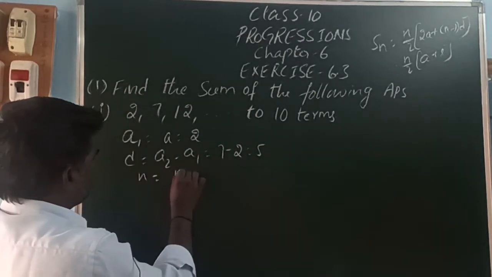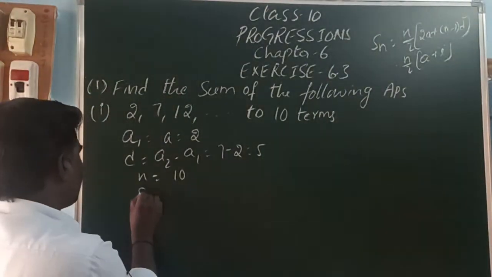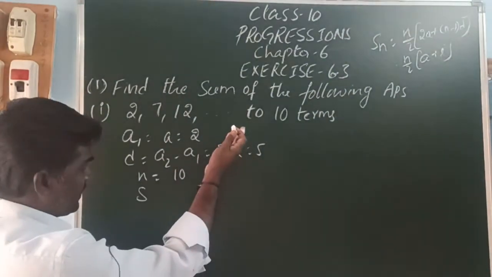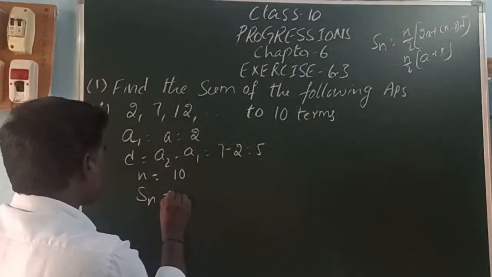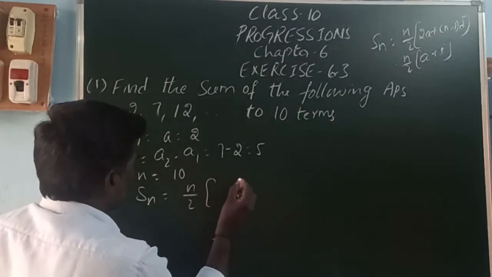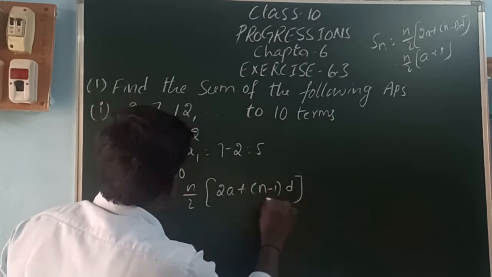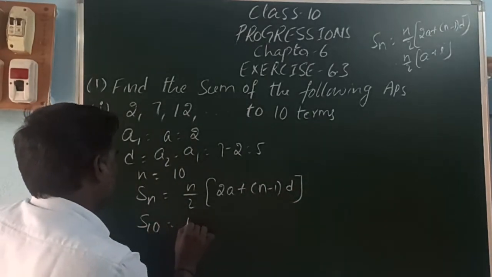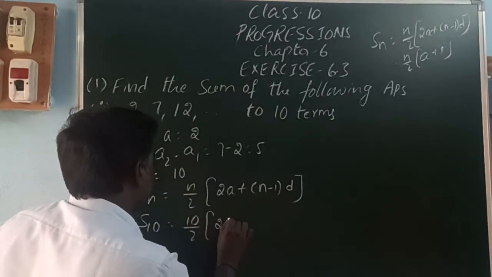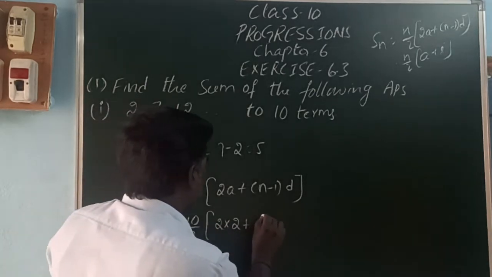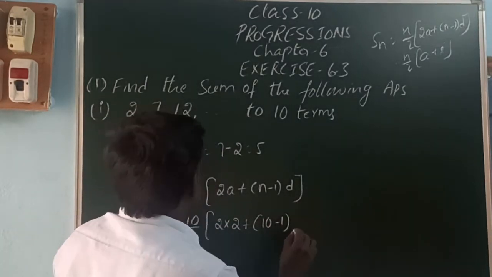So n is 10. Sn is equal to n by 2 of 2a plus (n minus 1) into d. So here S10 is equal to 10 by 2 of 2 into 2 plus (10 minus 1), d is 5.